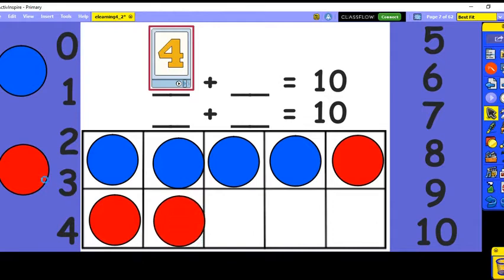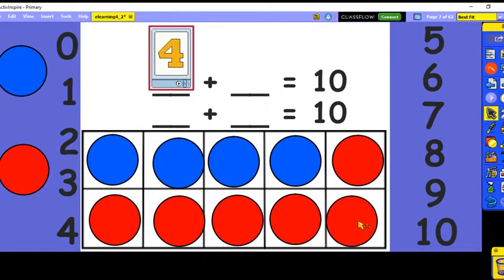So 4 plus 6 equals 10. Now, 4 plus 6 equals 10. What's our related fact? 4 plus 6 equals 10. Let's change the order of the addends. 6 plus 4 equals 10.